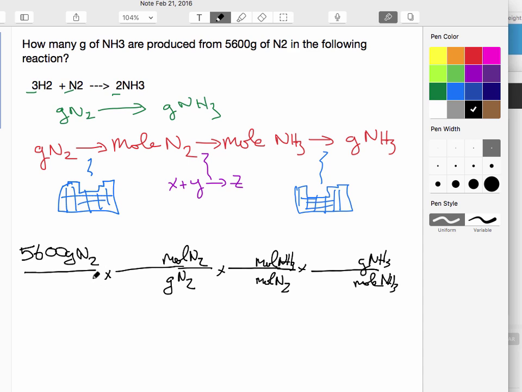This is the skeleton we're going to populate, and this cancels this, that cancels that, that cancels that, and we end up with what we want, which is grams of ammonia.